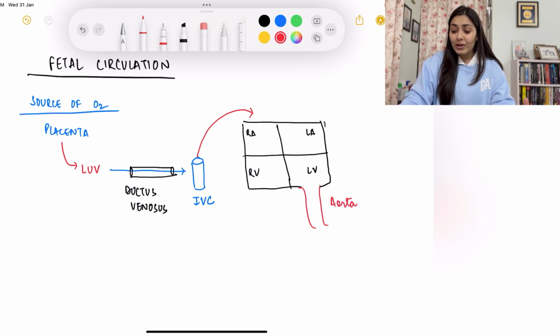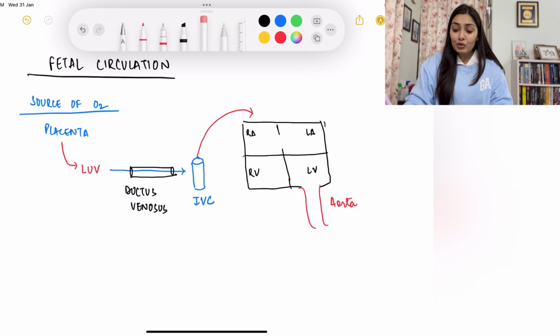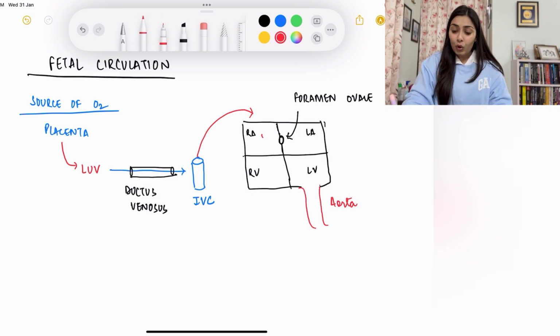So this oxygenated blood has to reach the left side. That happens through a foramen between the right and left atrium, known as the foramen ovale. Some of the oxygenated blood goes to the left side, and the rest goes down into the right ventricle.